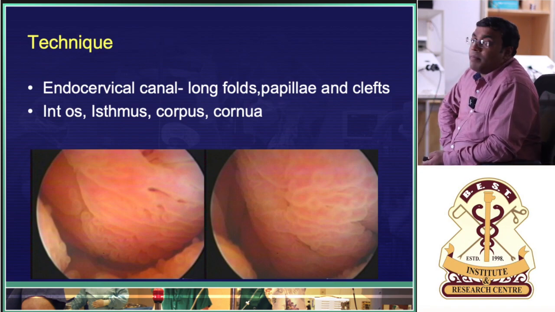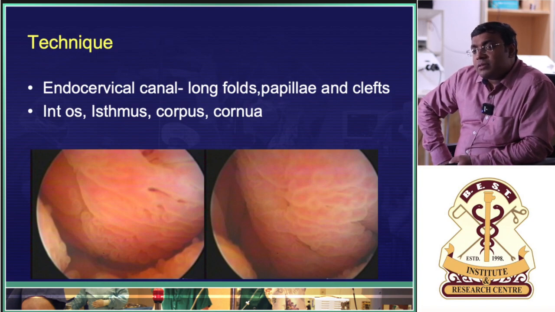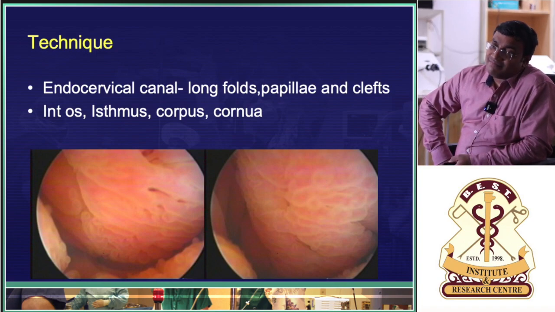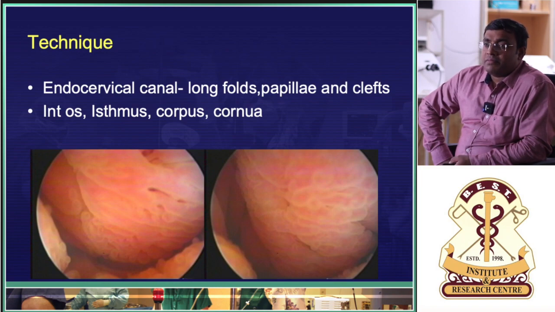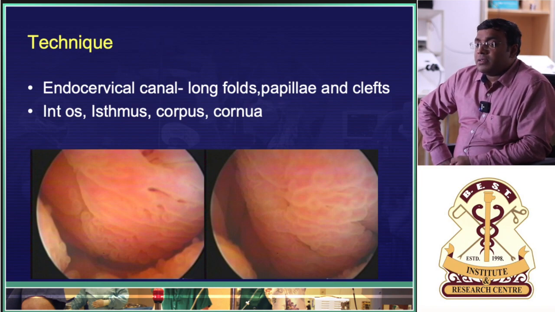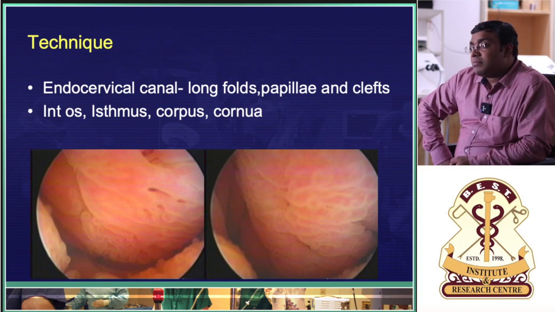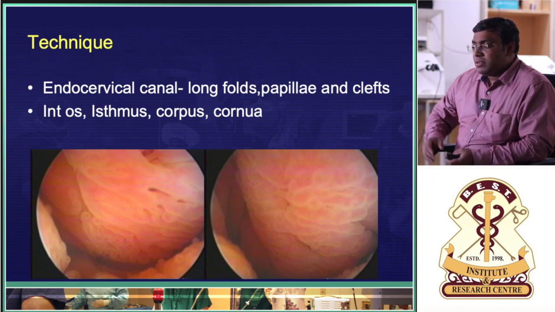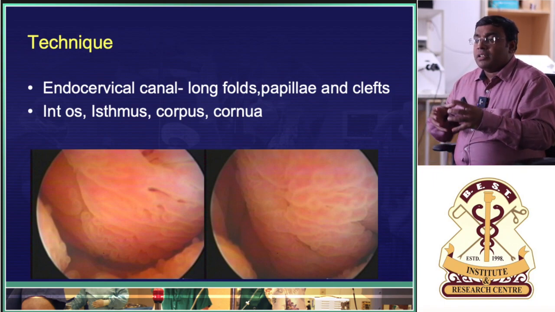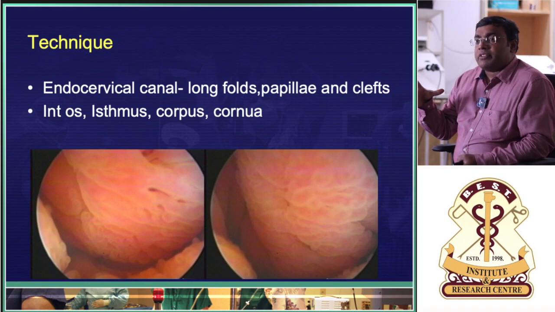Even with a pinpoint os also we'll be able to negotiate, sir. If two previous LSCS or three. Comfortably. Sometimes it will be difficult to pass the sound, so many times it will be difficult, but you should know how to enter. Sir, if the cervix is deviated, say you have done a PV, there is an adnexal mass in the left adnexa.